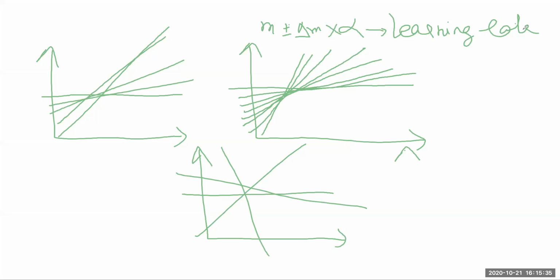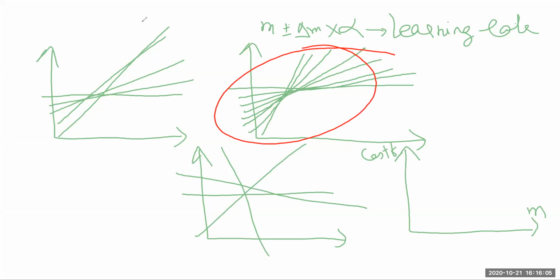So in the first case, where alpha, the learning rate, is very small, what will happen? If I plot this graph of slope against the cost function, that is residual errors, then if it is a gradual change, the purpose of doing this exercise, that is optimizing m, is basically trying to find a global minima.